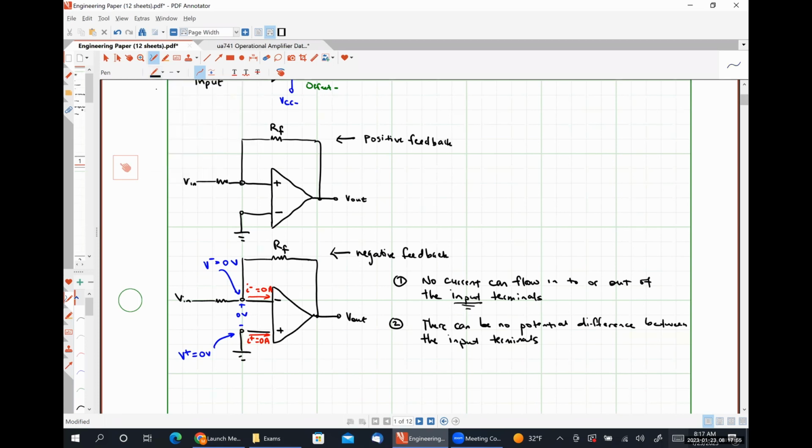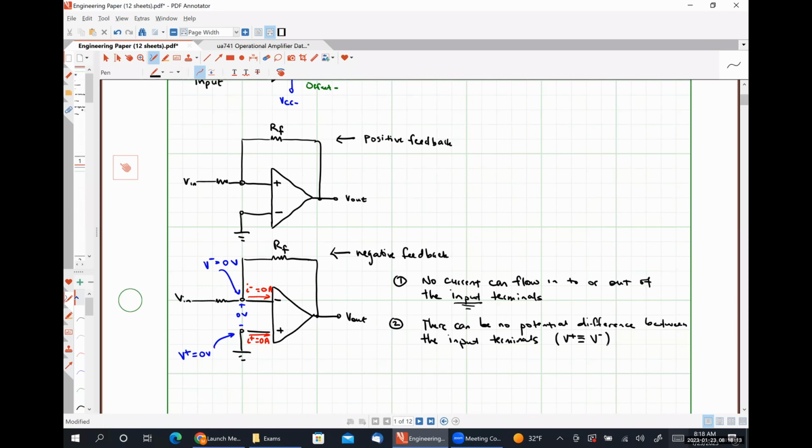So a shorthand notation that I like to use for this rule is simply to say that V plus, the voltage present at our non-inverting input terminal, must be exactly equal to V minus.